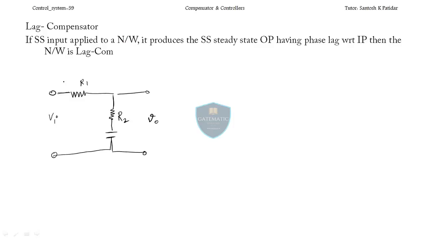So you have to find out the transfer function of this. I'm writing directly the main transfer function. We have to remember 1 plus tau s divided by 1 plus beta tau s.